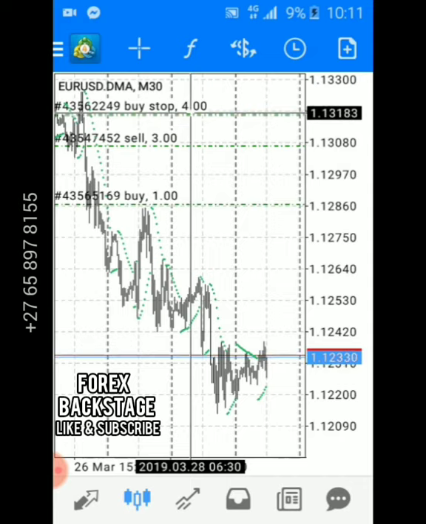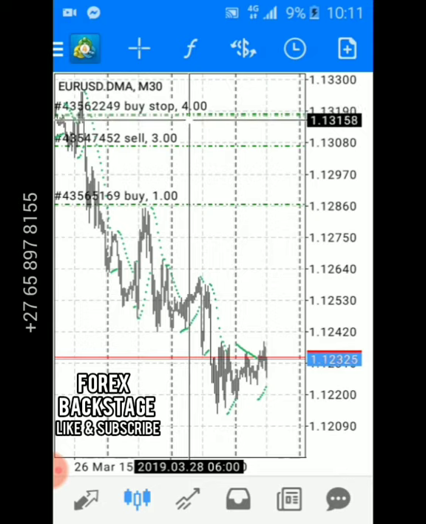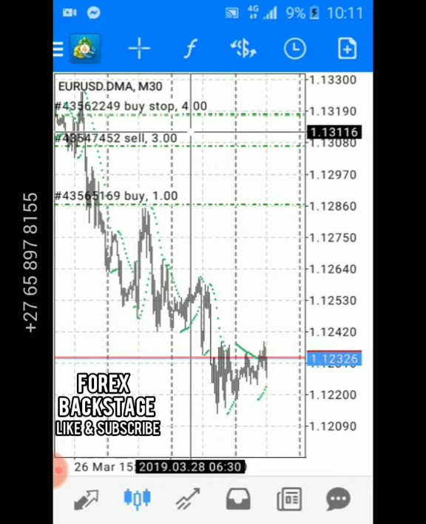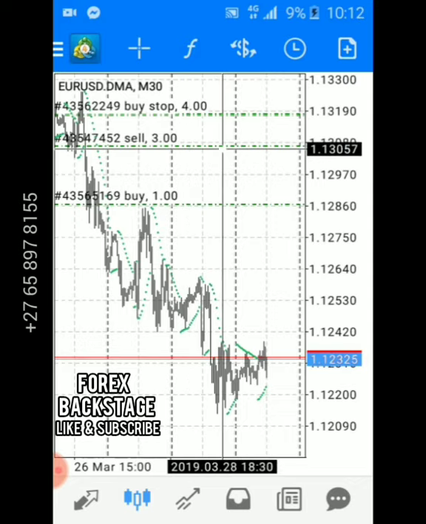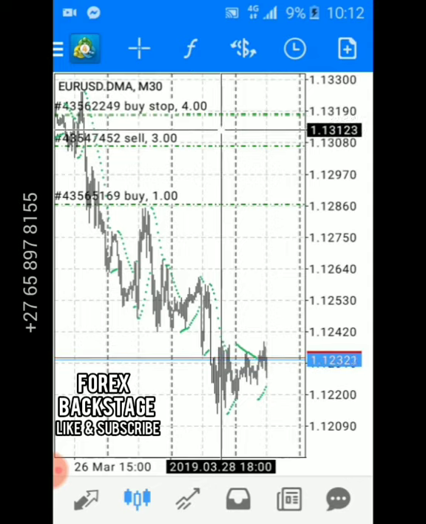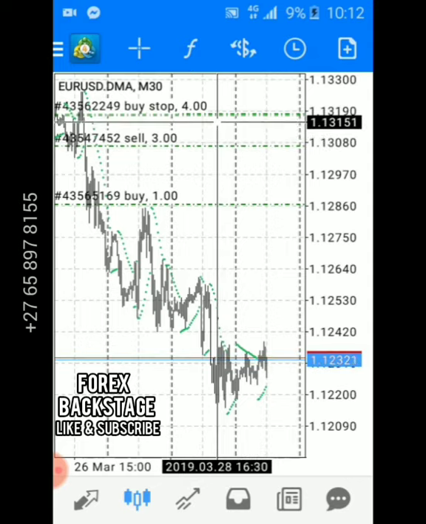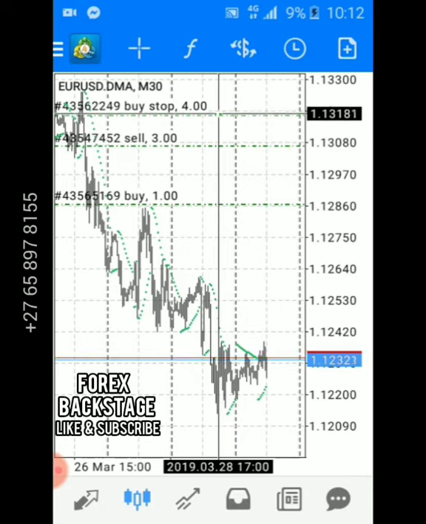As I told you, the first trades were sell 1.00, then the sell 1.00 was somewhere here where you see 3 here. There was a sell 1.00 that started. Then from there, this line, there was a buy 2.00, and then the market went up and activated my buy.